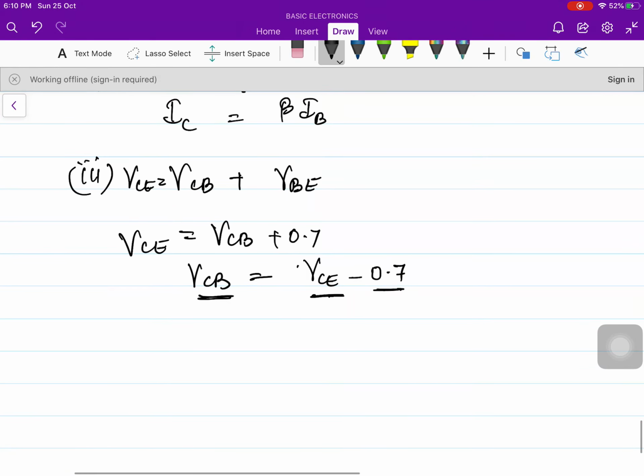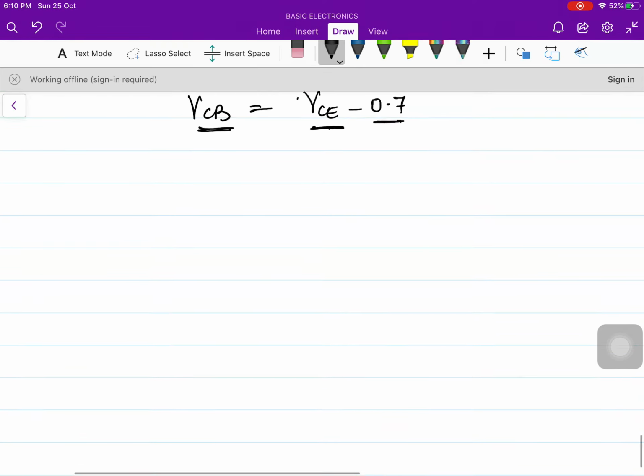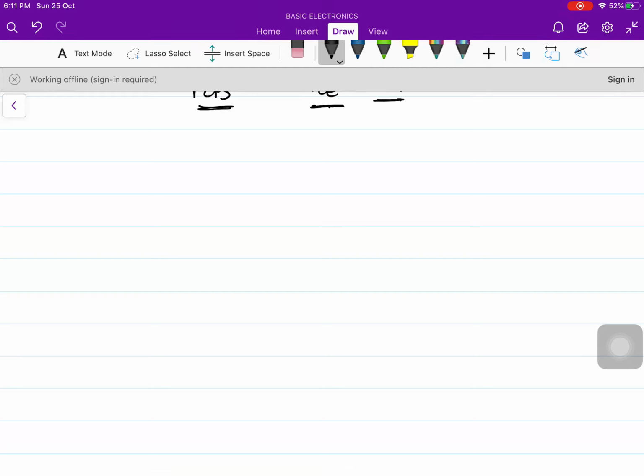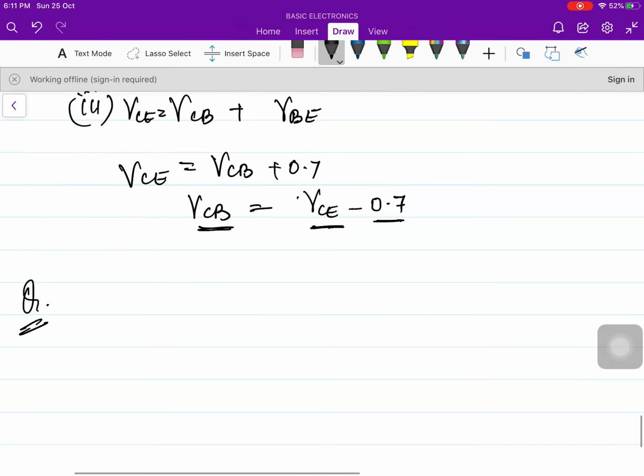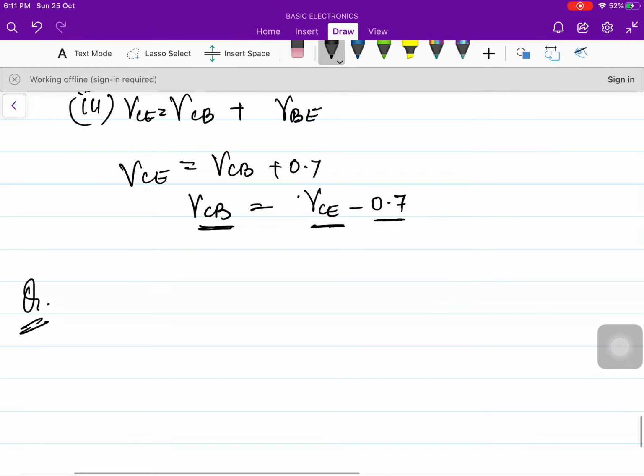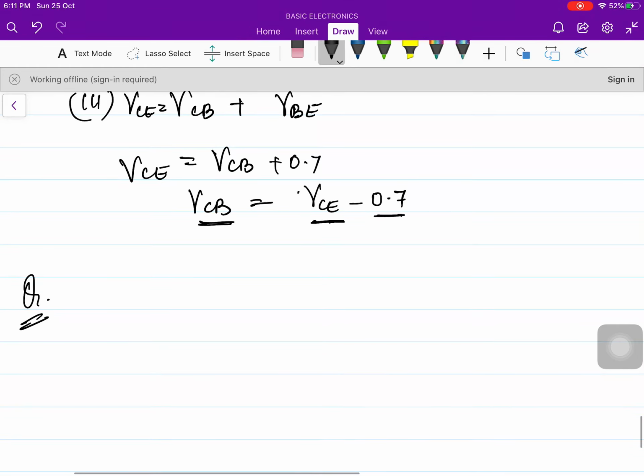Just go through it nicely, and let's do a numerical now, which will further clear your concepts. Remember, the characteristics of common emitter are very important to understand and learn, because this is the most important question from this unit: draw the input and the output characteristics of common emitter and explain them.